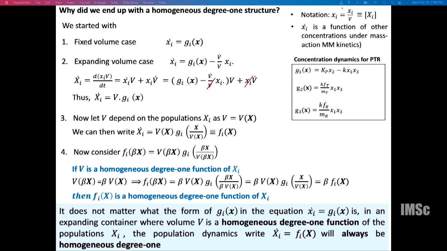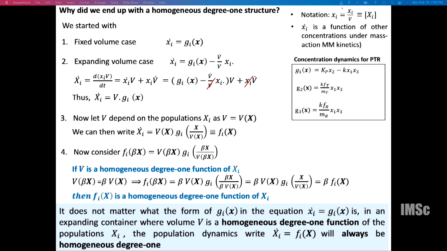But then, in the case of populations, you will get back to this equation. And now, you can see that if your V satisfies this property, that V of beta x is equal to beta times V of x, then these functions f_i will be basically homogeneous degree 1.